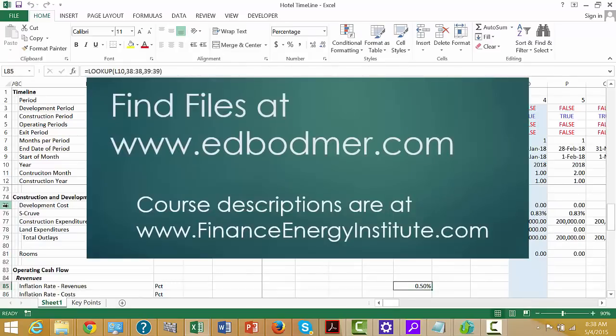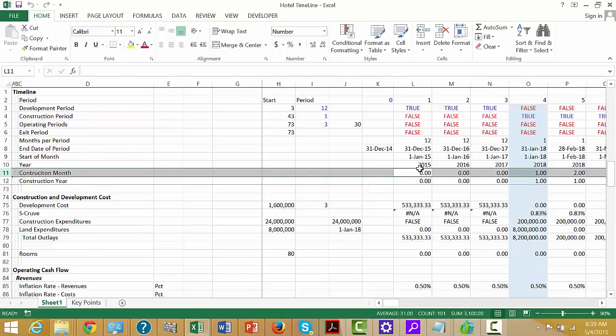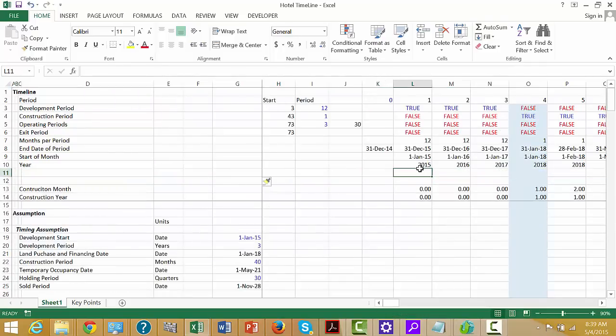This is the annual rate, and we should adjust this and make it a periodic rate. So what I'm going to do now, we don't need these construction months, so instead of months per period, I'll just put periods per year.